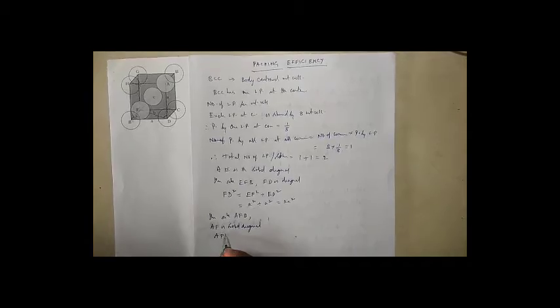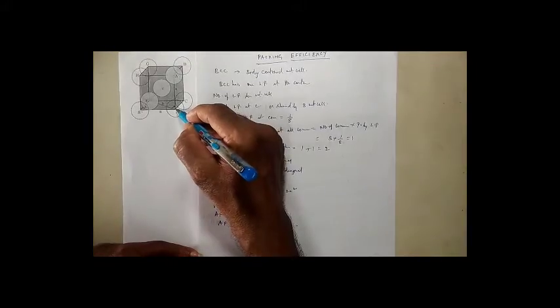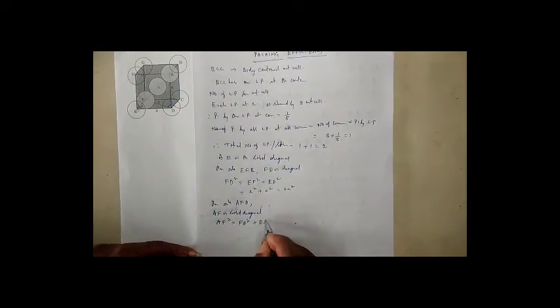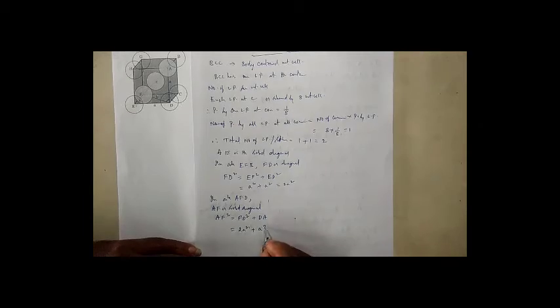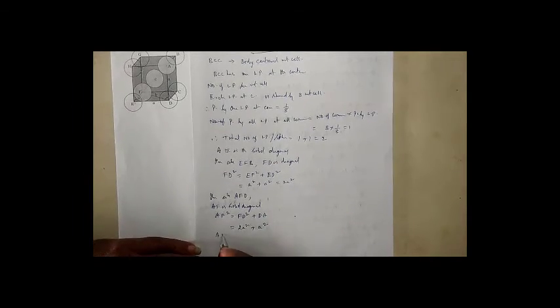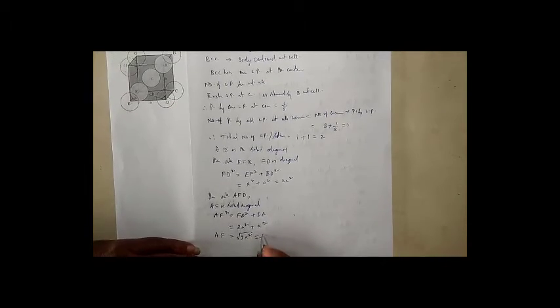Therefore, AF square equal to FD square plus DA square. DA is also nothing but edge length. What is FD square? 2a square. 2a square plus DA square is a square. So AF equal to under root 3a square. It is nothing but root 3 into a.